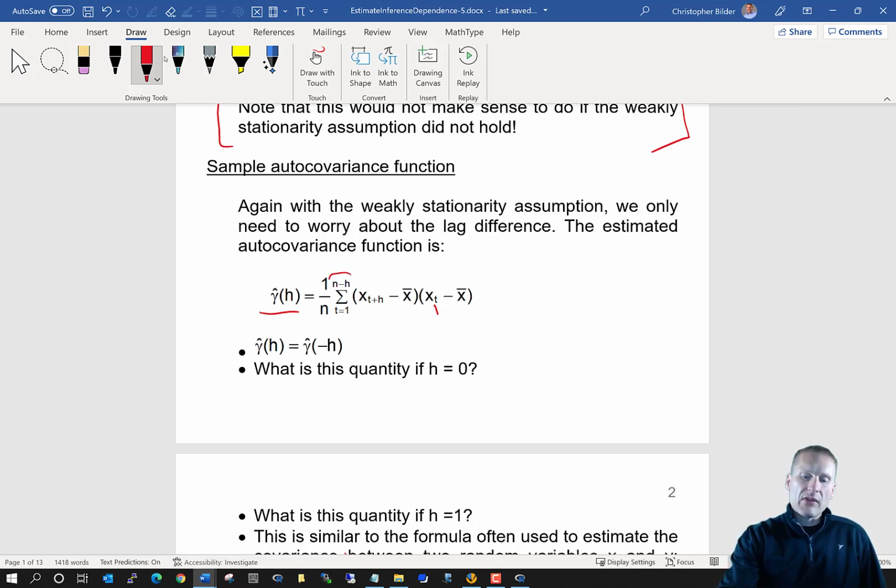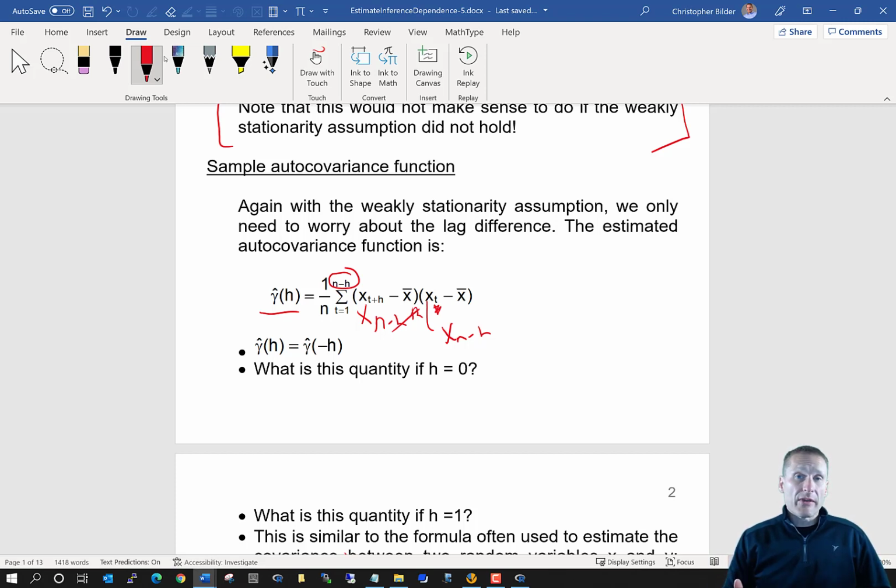Now, when t is equal to n minus h, look what happens. We have x sub n minus h, and then we have x sub n minus h plus h. Those h's cancel out, and so we're at x sub n. So the upper index in that summation makes sure that you don't go beyond the n observations that you have in your time series.